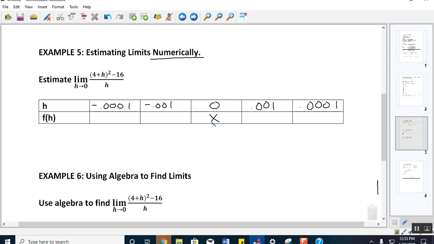Did you get it right where you're... Are you ready, Aubrey? Yeah, so I had the negative 0.001, and that's 7.999. So the second one in? Yeah. Wait, I was wrong.